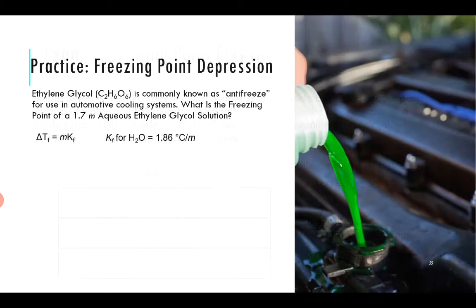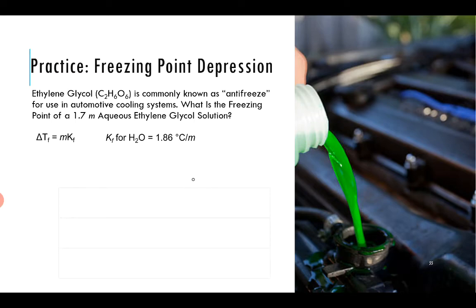Yay! All right, here's a practice problem for you. I'll read it and then you can pause the video in order to work it out on your own. It says ethylene glycol, which has a chemical formula of C2H6O6, is commonly known as antifreeze for use in automotive cooling systems.